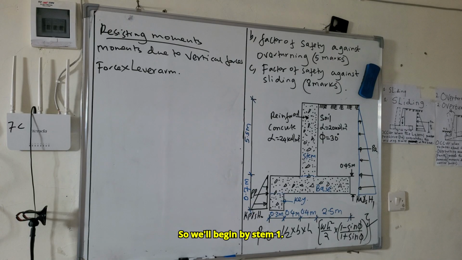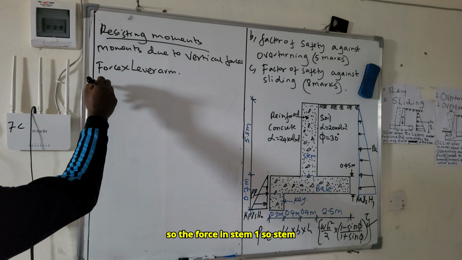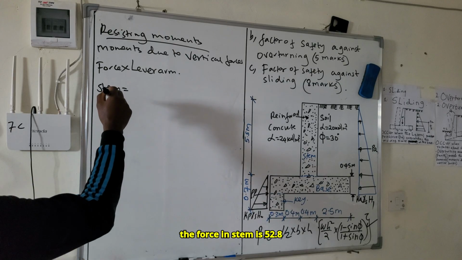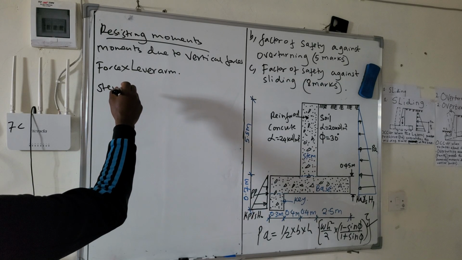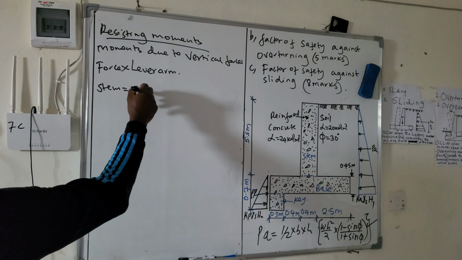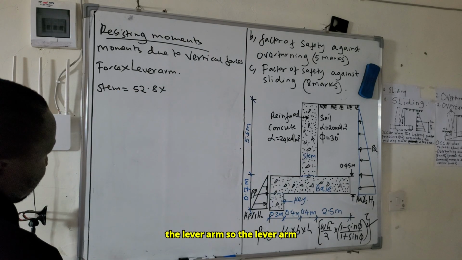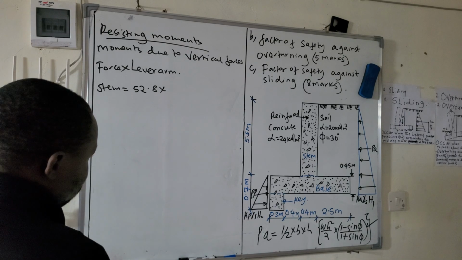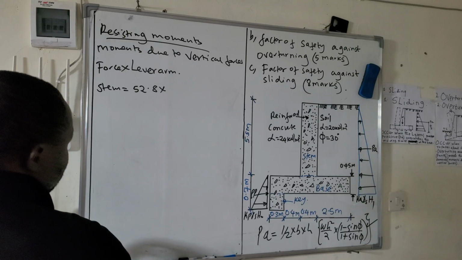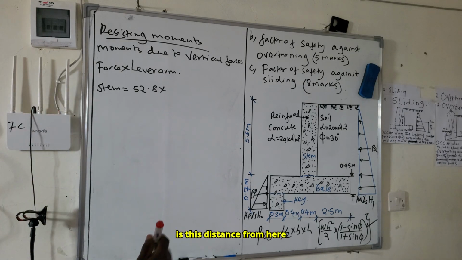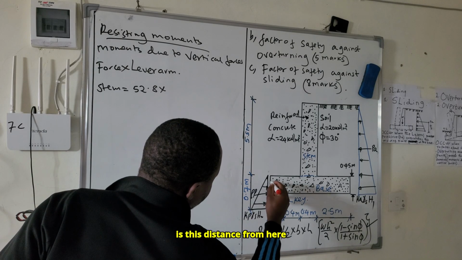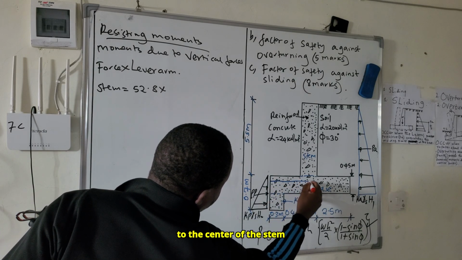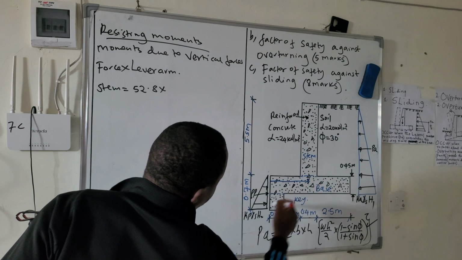So we'll begin with the stem. The force in the stem is 52.8, then times the lever arm. So the lever arm is this distance from here to the center of the stem, like that.